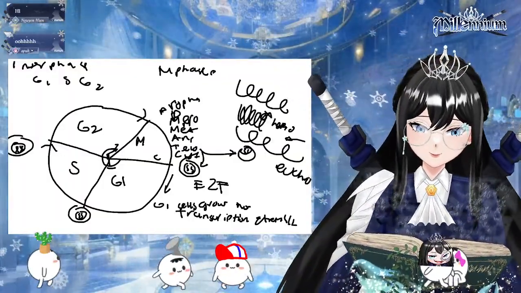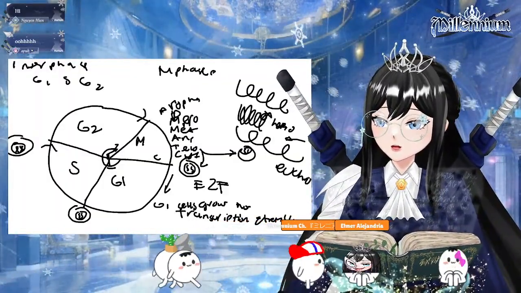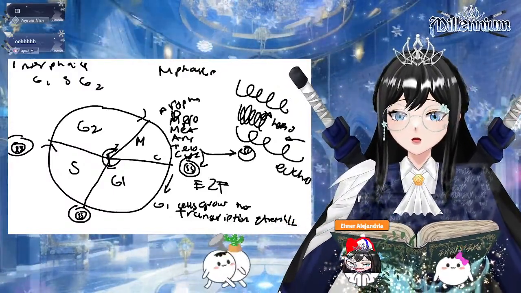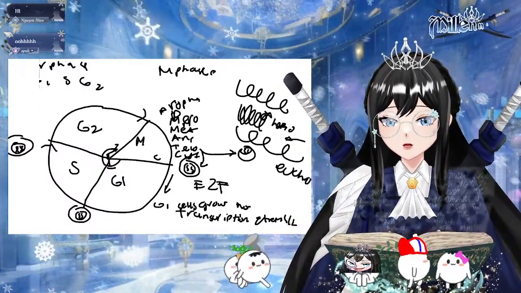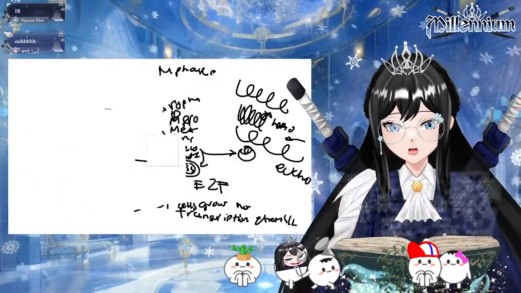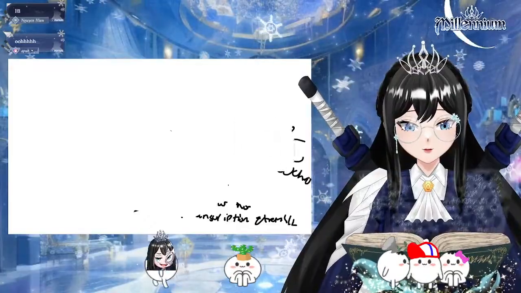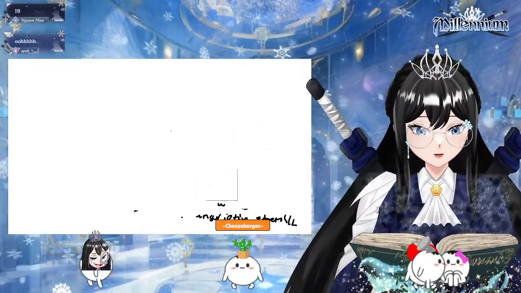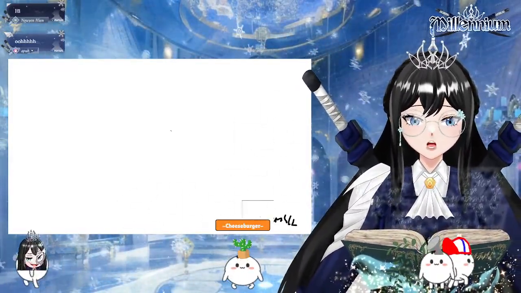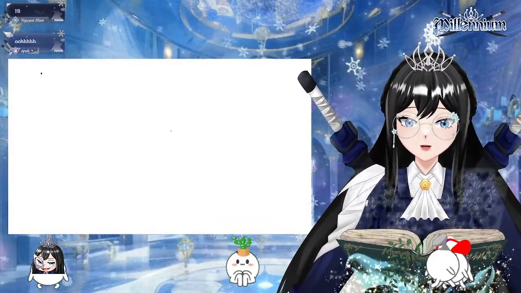Okay, now we said transcription a gazillion times before, so let's talk about it. The whole central dogma, DNA, RNA to protein, begins with transcription, the synthesis of RNA from DNA. And this is inside the nucleus.